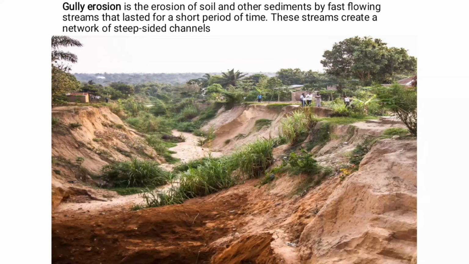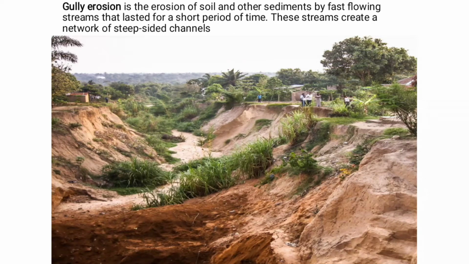This sudden rainfall also adds a huge amount of water into the streams, and then these streams start to flow with great force. And when this happens, the streams create a network, or they cut deep steep-sided channels on their way while flowing, right?